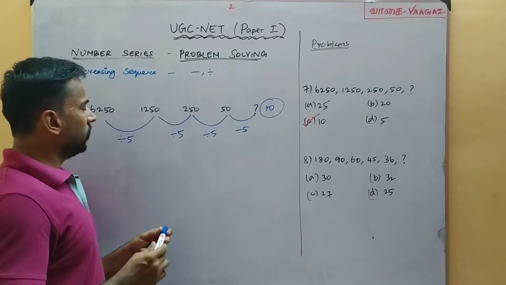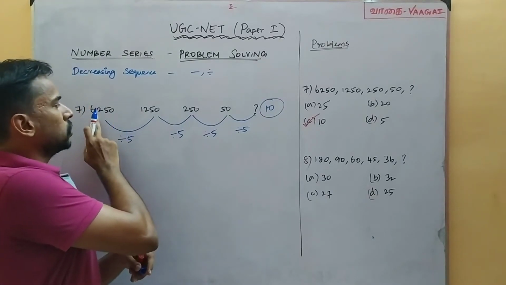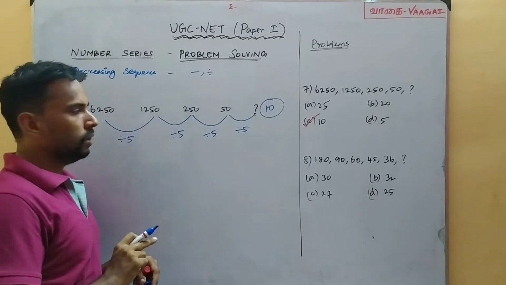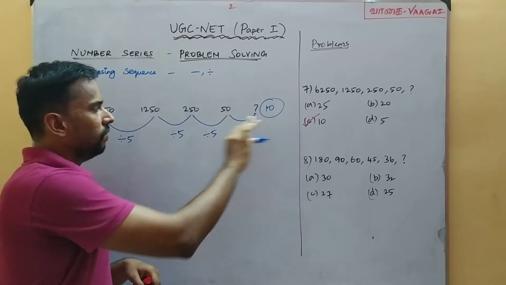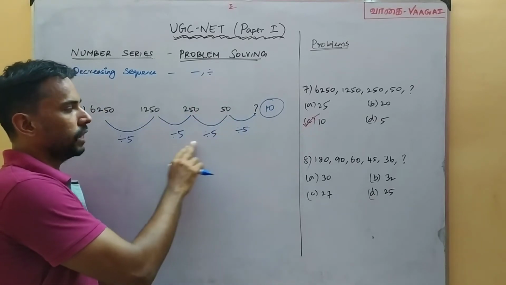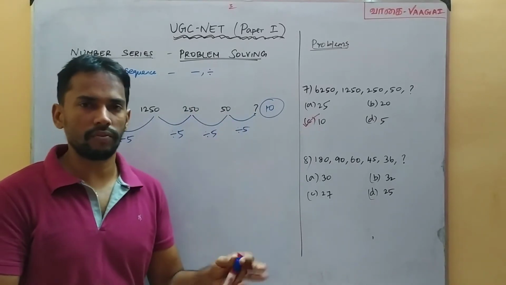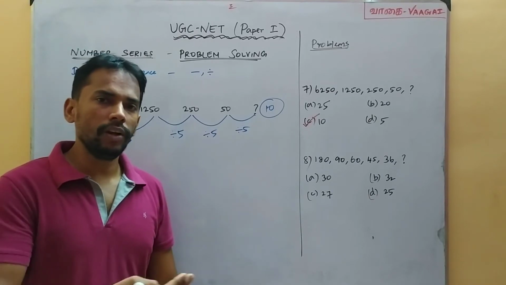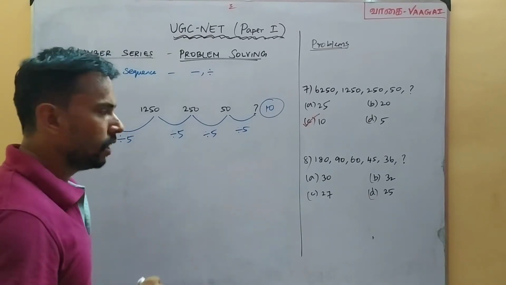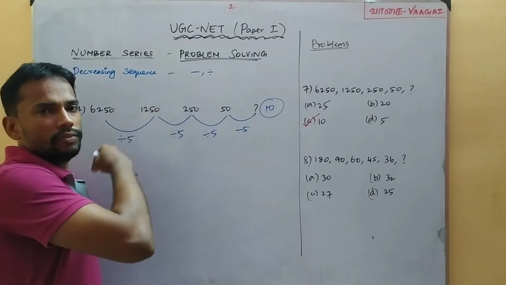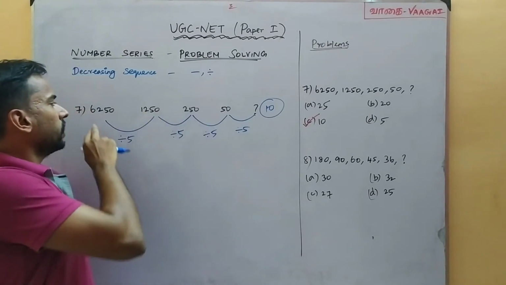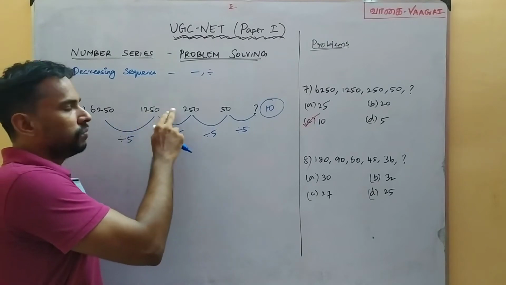Now we tried with division 6250 by 1250 and again 1250 by 250. So this is the way we tried our division and we are able to get this divided by 5 everywhere. Why not we do this operation in the reverse way? So we tried 6250 by 1250.